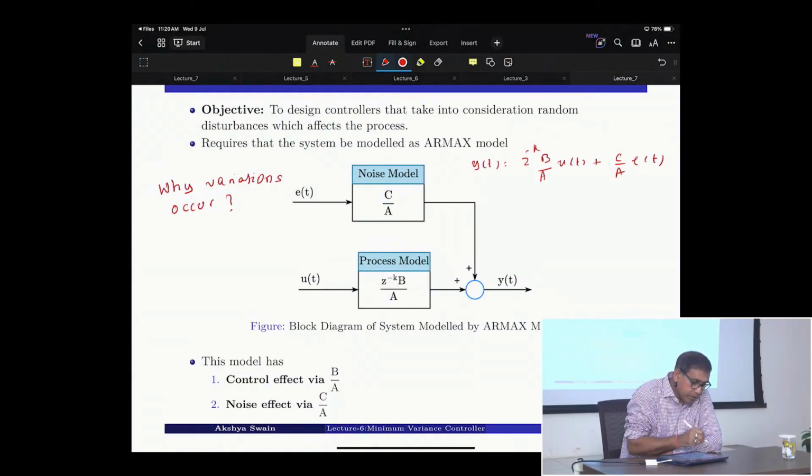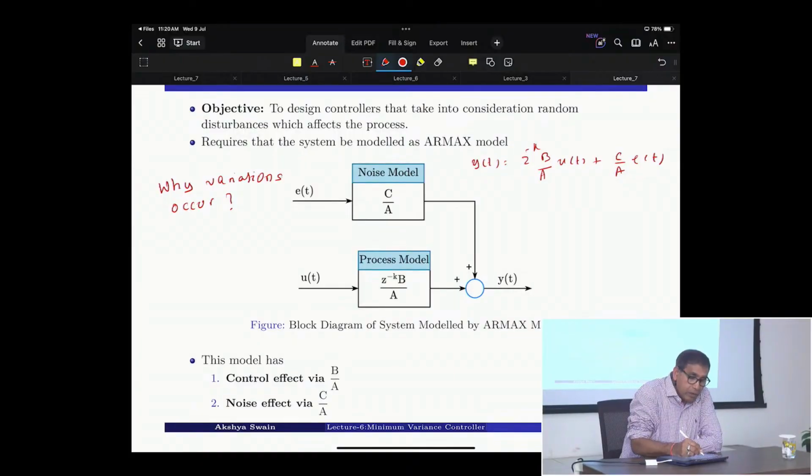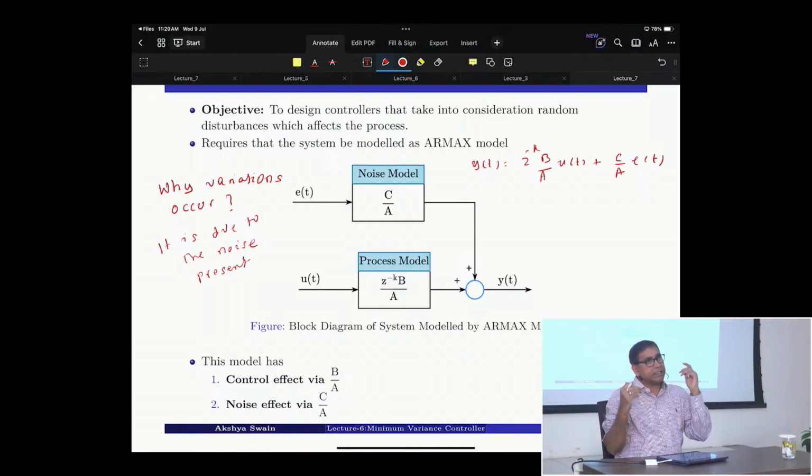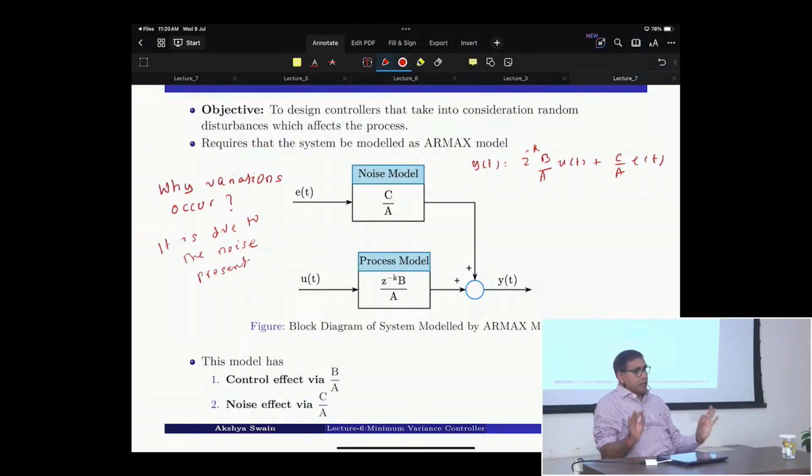Then he found out, see the questions, it is due to the noise present. If there is no noise, there will be no variations. Clear? The objective is to minimize the variations.